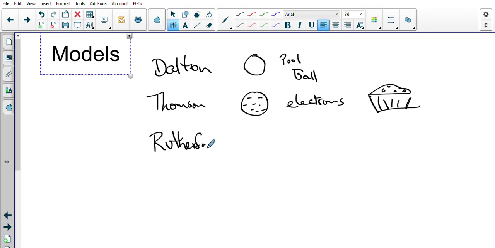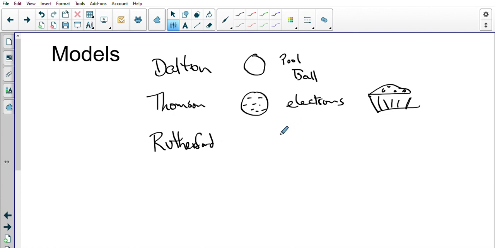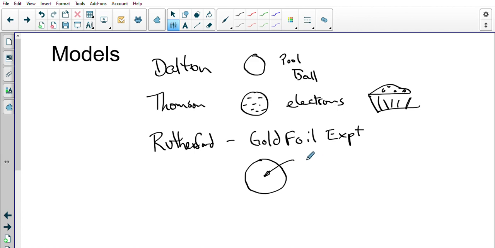Then you have Rutherford. Rutherford was a student of Thomson. He's known for lots of things, but what we're looking at him for is the gold foil experiment. And the gold foil experiment said that, okay, here's our atom, but within it is the nucleus, and that's where the mass is, and that's where it's positively charged.